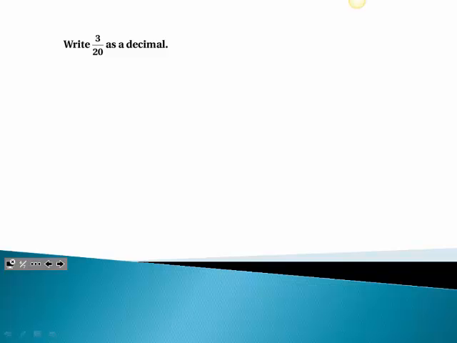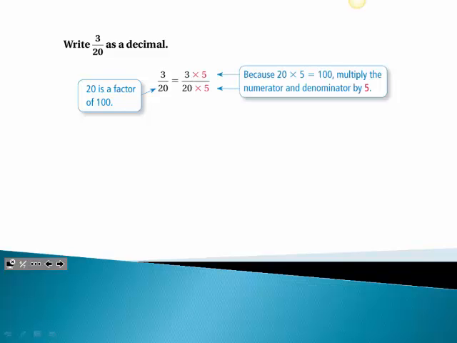We're looking for tenths place, hundredths place, thousandths place, and so on. If you notice, we can multiply 20 by 5 and get 100. So if we multiply it by 5, our new fraction will be 15 over 100.